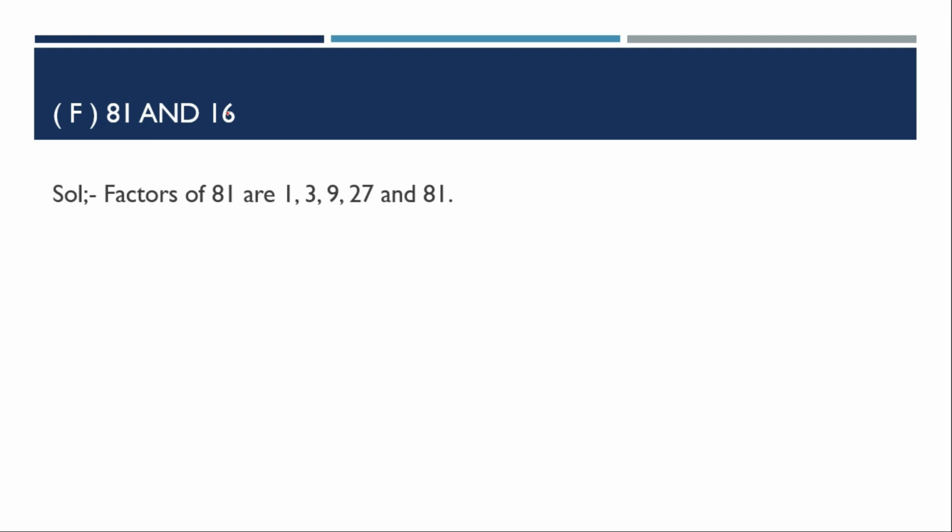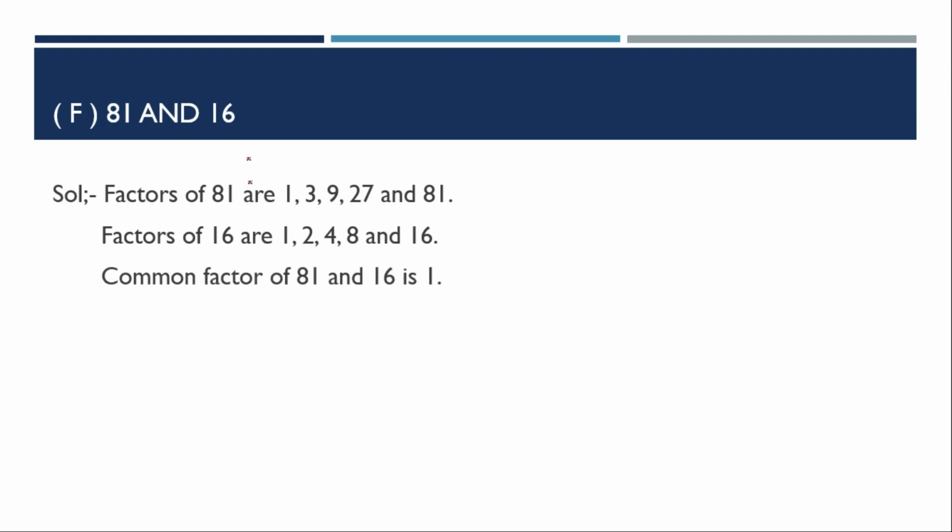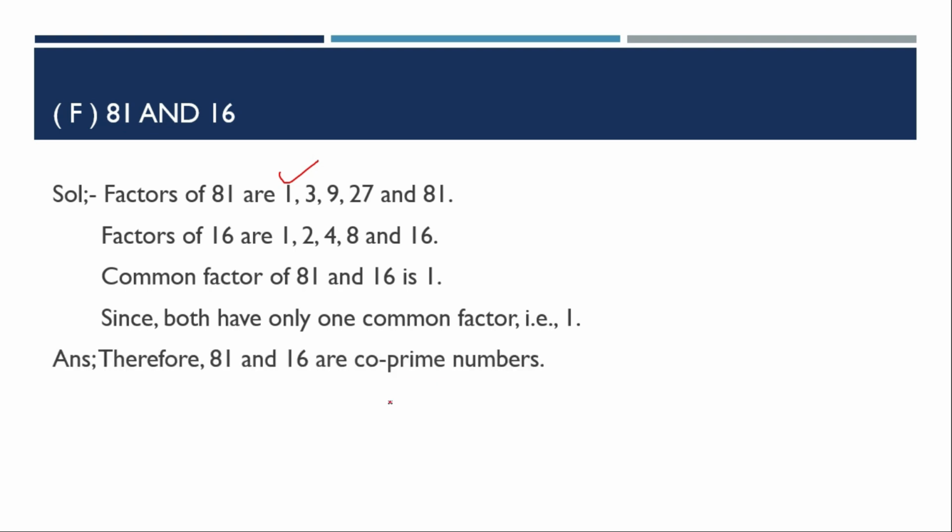Factors of 16 are 1, 2, 4, 8 and 16. So here also you can find that the common factor is only 1. So this given number, since it is having only one common factor, that is 1, we can say it is co-prime numbers. Next.